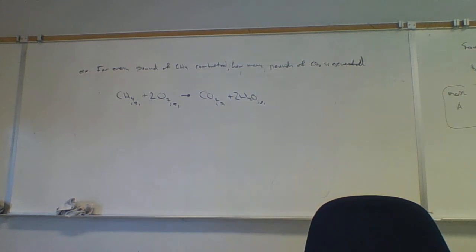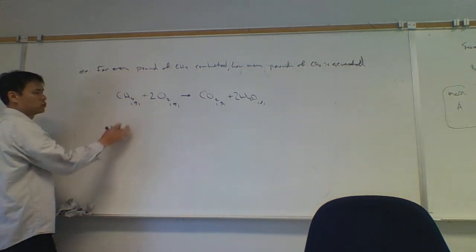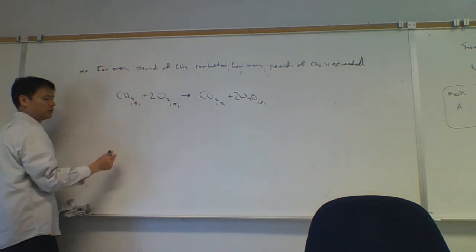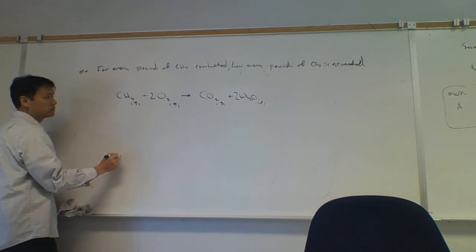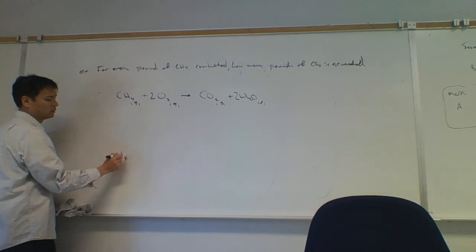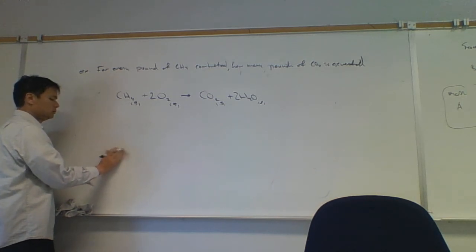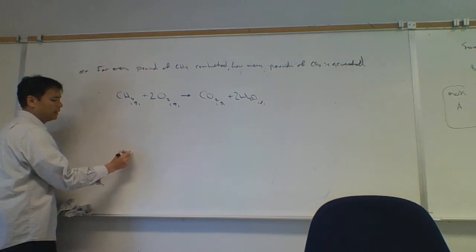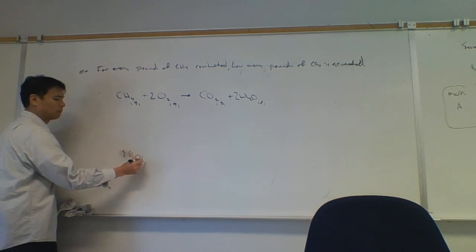No. And so what we're going to do is we're going to do the stoichiometry map here. So we'll rewrite the equation like this. And then we'll start off with 1 lb of CH4.